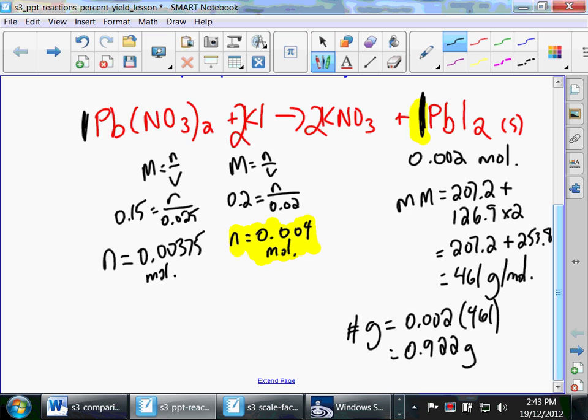We don't have very much of it, so even though the molar mass is huge, theoretically we should only get 0.922 grams of it. Okay? Theoretically, that's how much we should get of it.